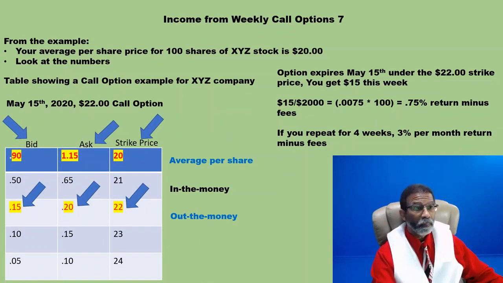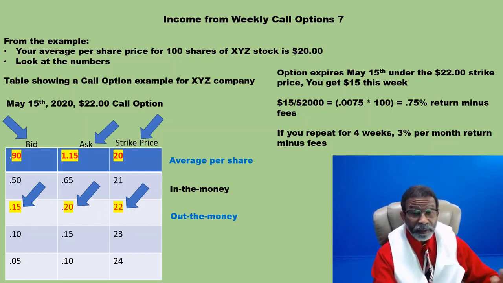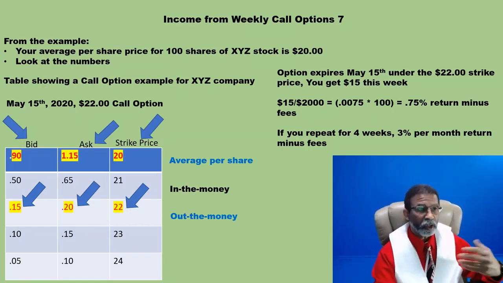For this call option, if you sold a covered call option for this example, let's say you have a $20 average for XYZ stock. Now, we're going to look at the numbers here. For the May 15th, 2020, $22 call option, which is an out of the money call option, keep in mind that you have a $20 average because you did dollar cost averaging to get your average to $20 for the particular stock.